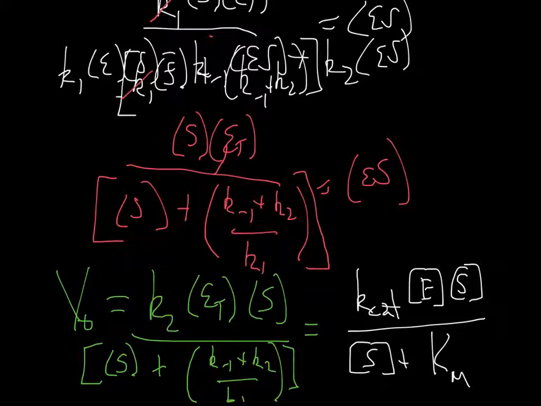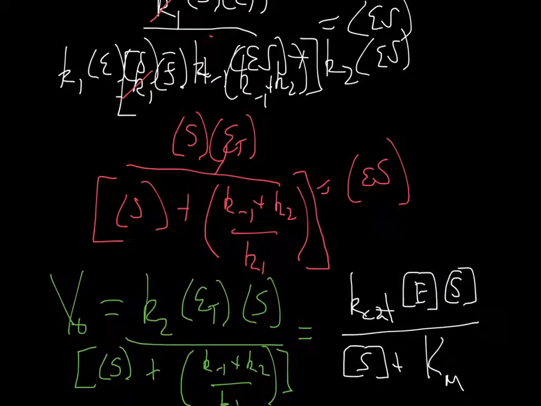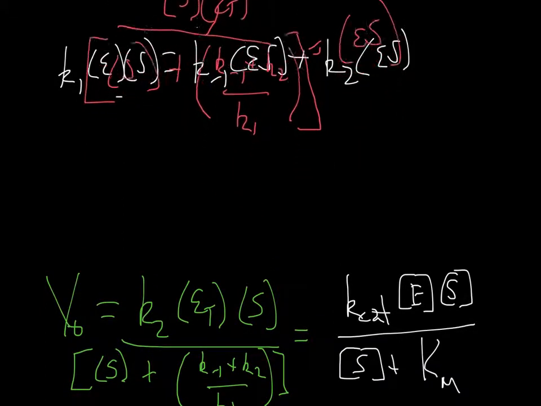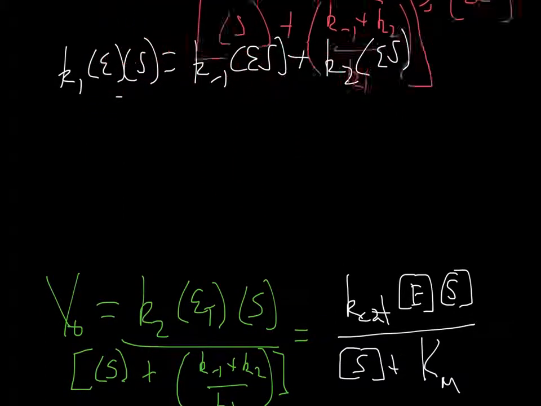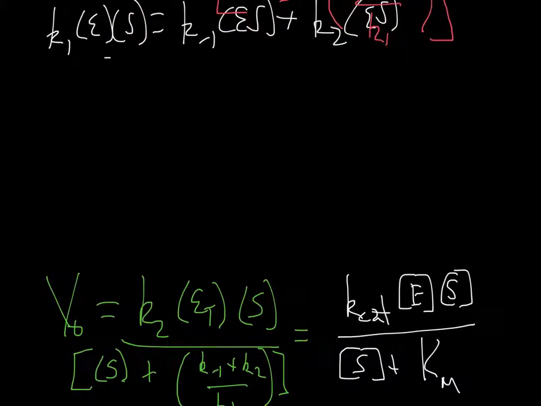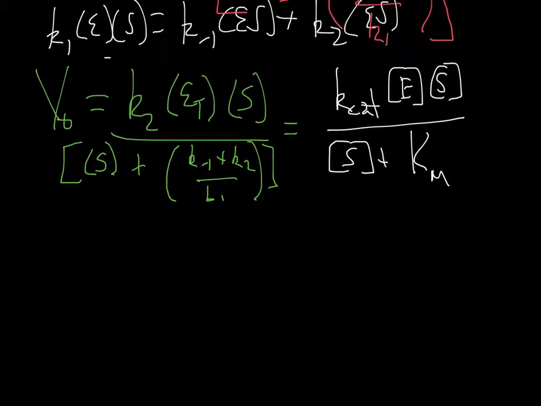Okay, so now we're going to do limits. We're going to do limits. So that's E total? Yeah, that would be E total. It's just a lot of times you just say K cat times E times S. But that E is the total concentration of all the E's.